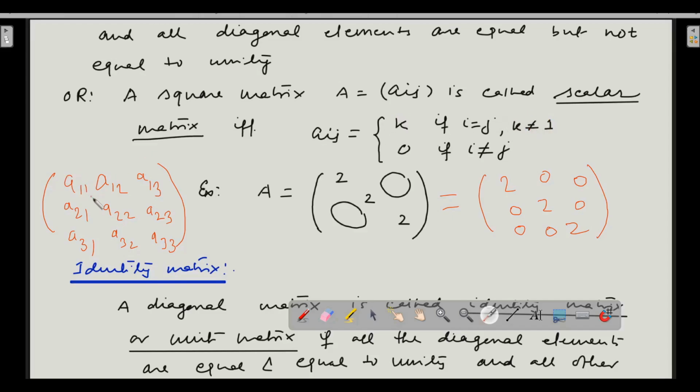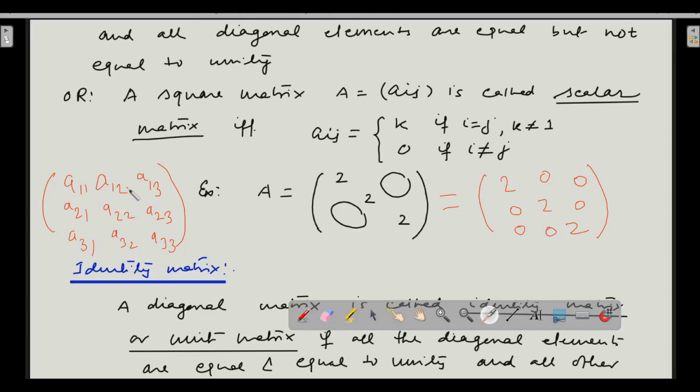For example, we can have 2, 2, 2. All of them must be equal but not equal to 1. Since 2 is not equal to 1, it satisfies the condition. And at the other places where i is not equal to j, there are the non-diagonal elements: these three elements above and three elements below the diagonal.